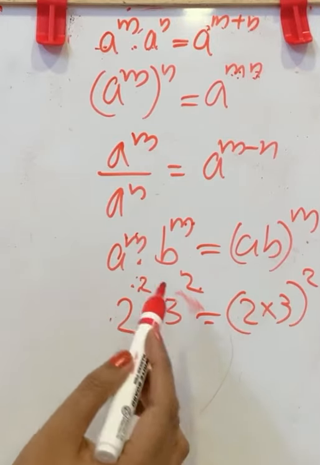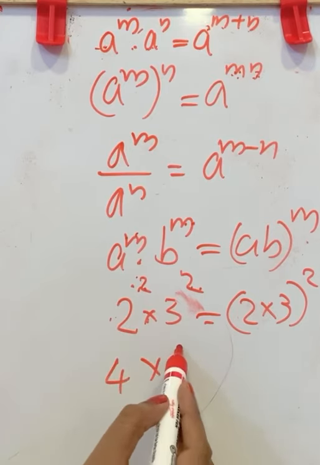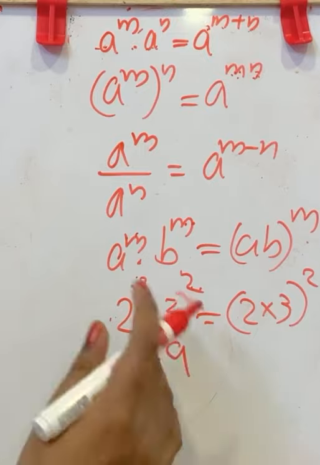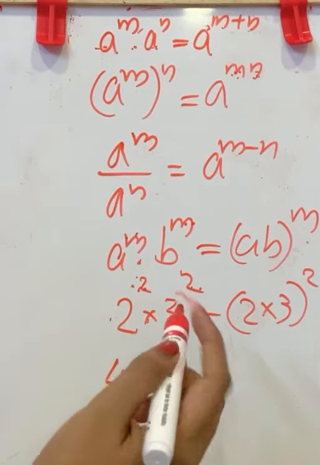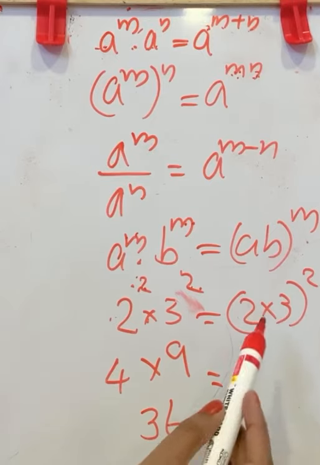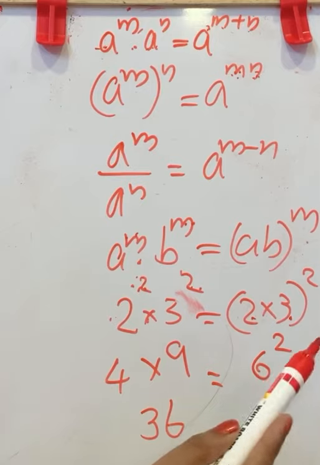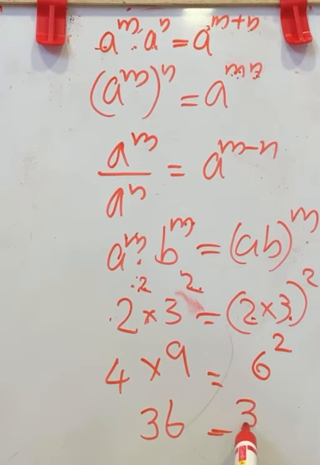That is this answer: 2 square is 4 into 3 square is 3 3s are 9, that is 36. Square means multiplying it with the same number. We will check whether it is equal or not. 2 3s are 6. 6 square is 6 into 6, 6 6s are 36. So we have verified it.